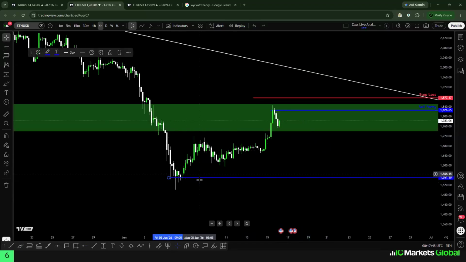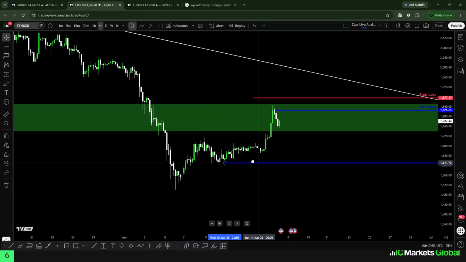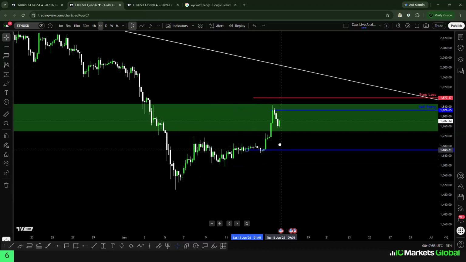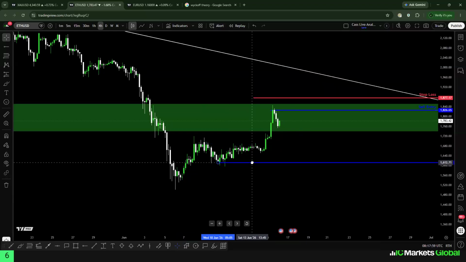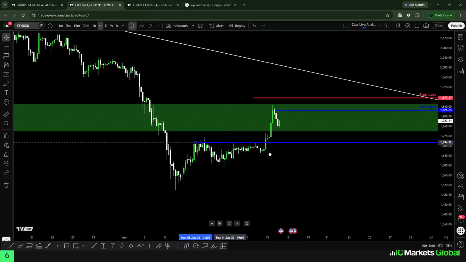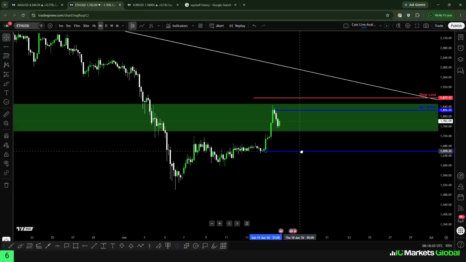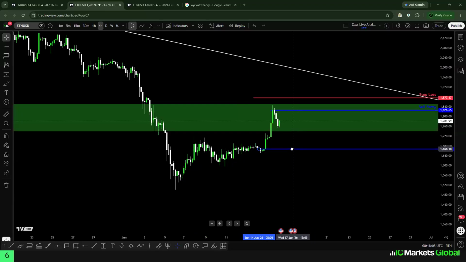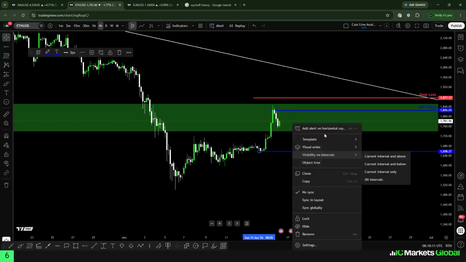So last week I had my take profit here, but this week I'm going to be a little bit more conservative and put it just here, which is the 1,600 area, basically 1,650 area. Okay, somewhere along this line. It is a very good risk to reward profit.